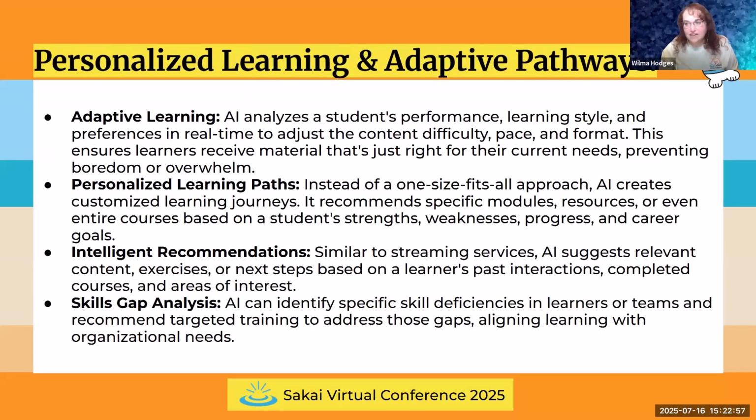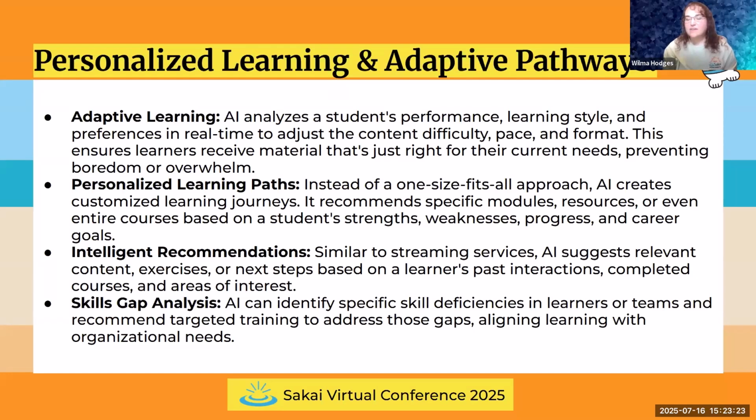So one of the areas where we see a lot of AI type features is in personalized learning and adaptive pathways. So some things like adaptive learning where the AI will give you content based on how you perform on certain things. So it will adjust for the learner. Sometimes you see things with personalized learning paths.